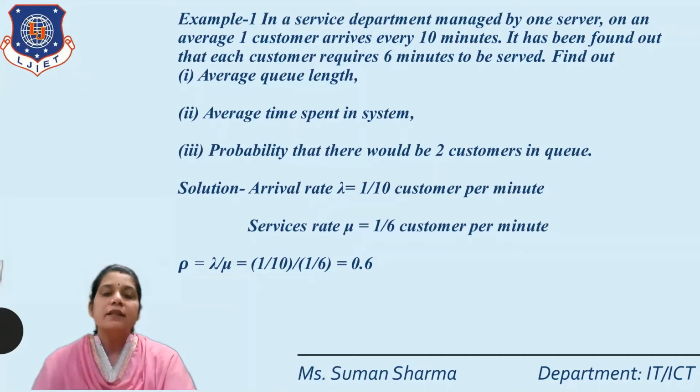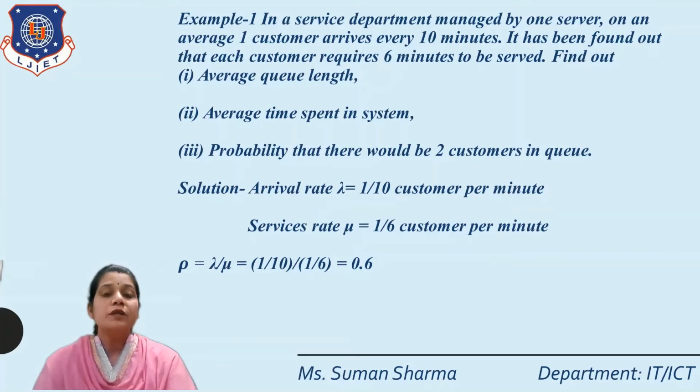That means in this question, every 10 minutes one customer arrives, and each customer requires 6 minutes to be served. So the service time is 6 minutes per customer and the arrival time is 10 minutes per customer.